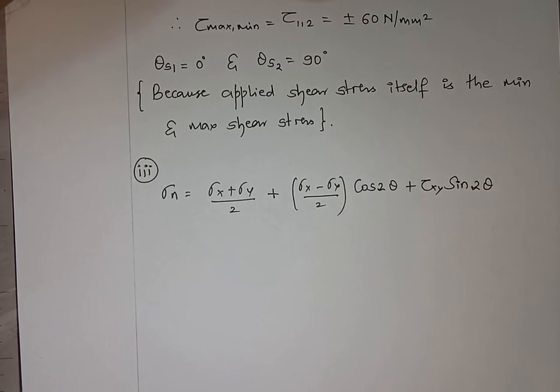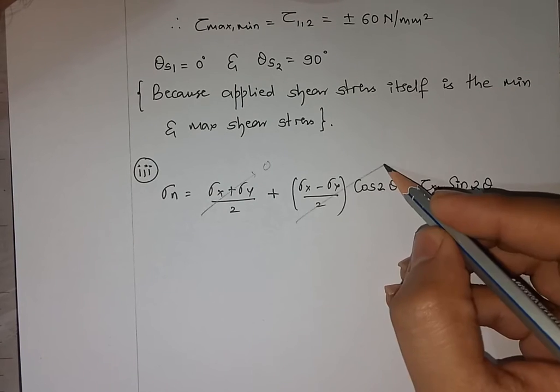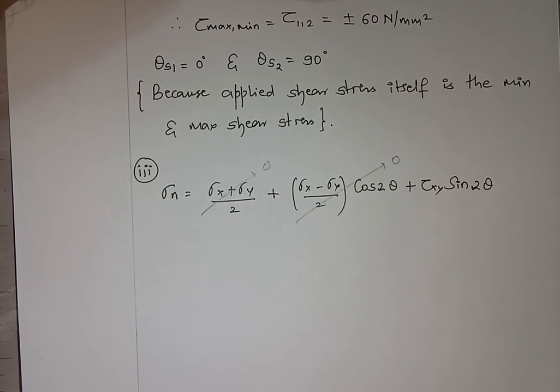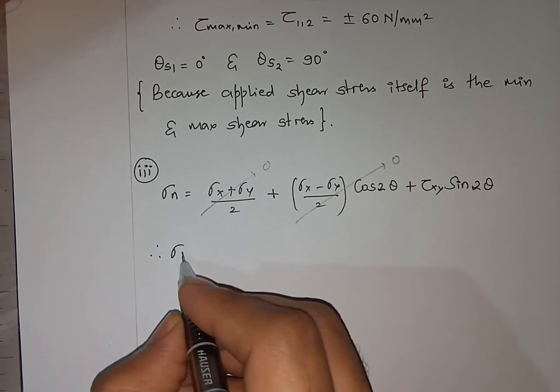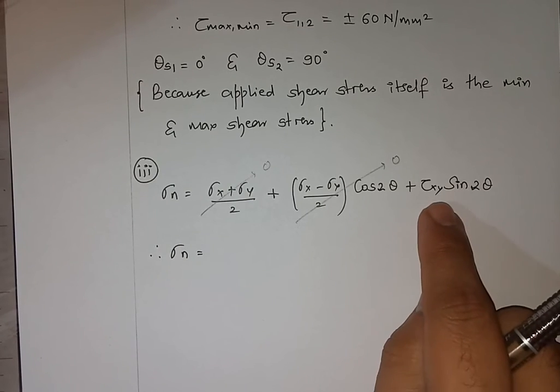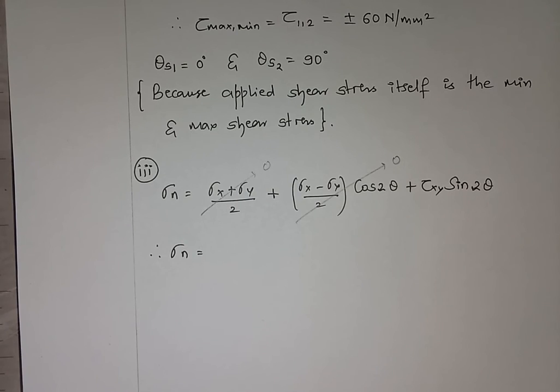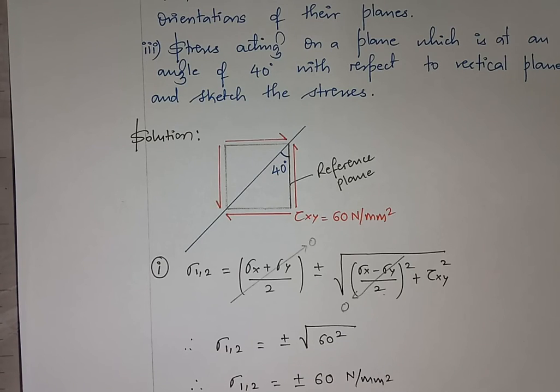So whatever are the values known, you put it, this term 0, this term 0. I will not be repeating the reasons because I told you sigma x, sigma y is not given. So therefore sigma n is equal to, what is the value of tau xy? Now you be careful with the sign.